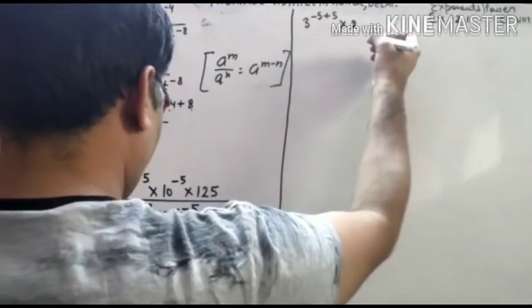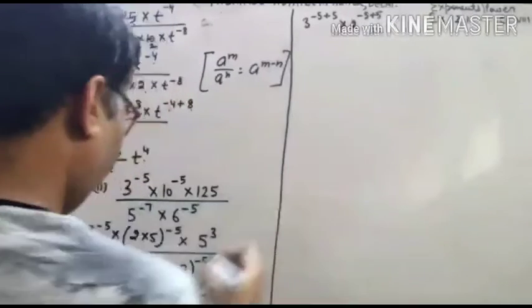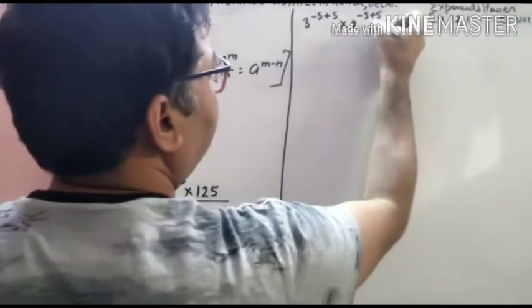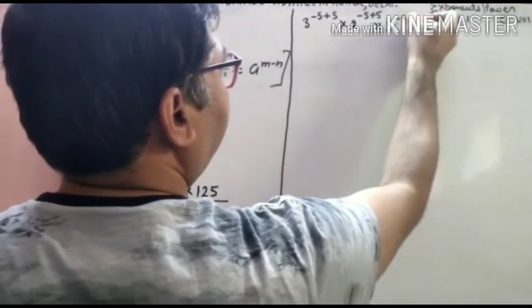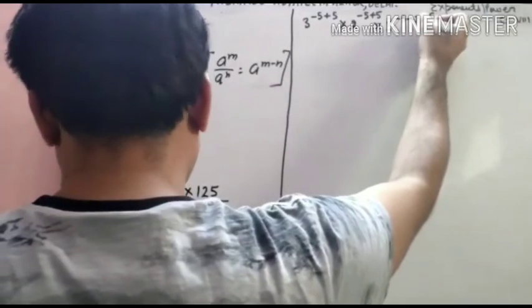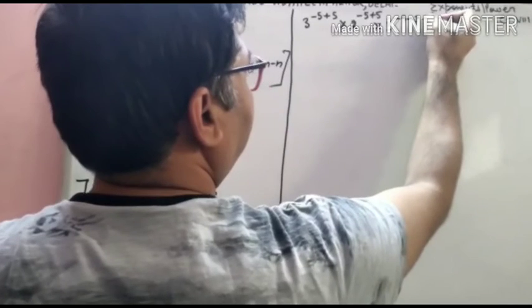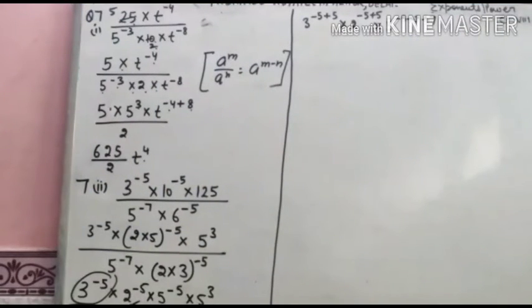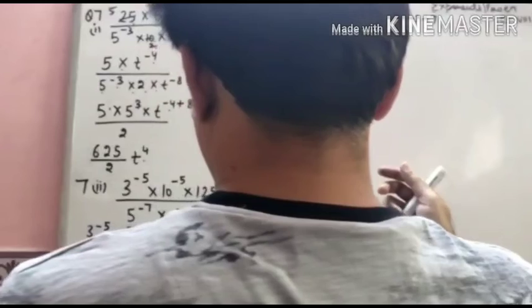In the same way, 2 raised to power minus 5 plus 5. This is solved, and this is 5 to the power minus 5 plus 3 plus 7.